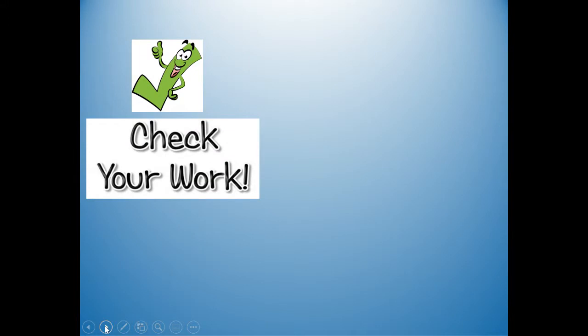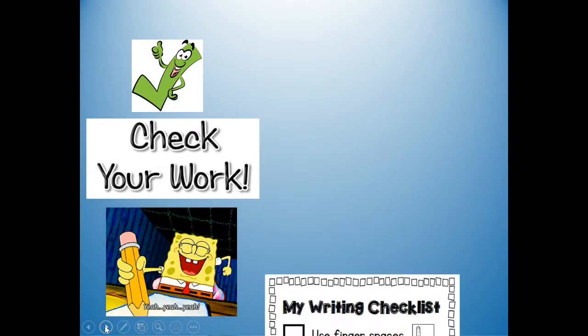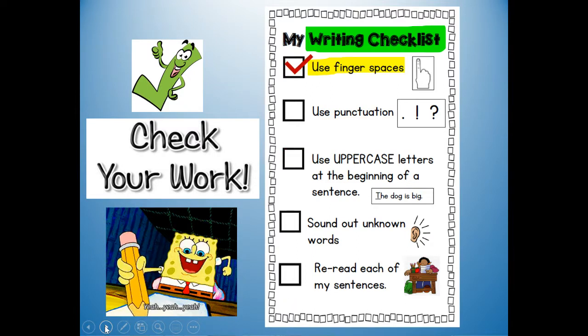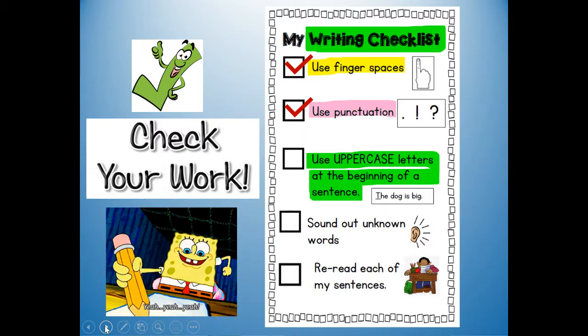All right, check your work. Remember your checklist. So I want you to look at each of your three detail sentences and make sure you have these things. Do you have finger spaces between your words? Do you have ending punctuation? Did you use uppercase letters or capitals at the beginning of each of your sentences?